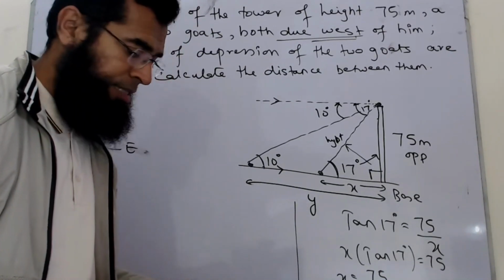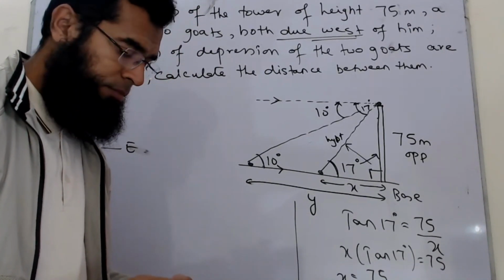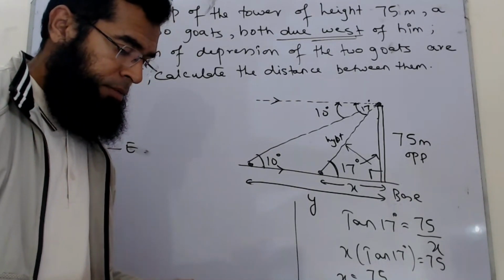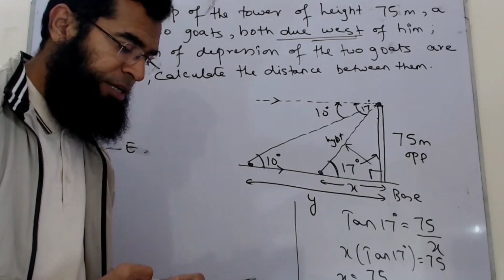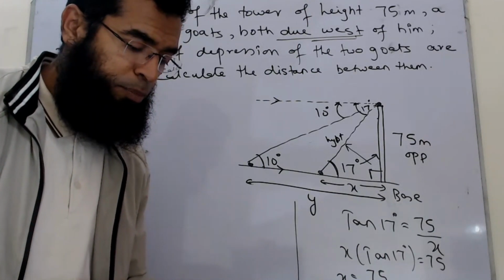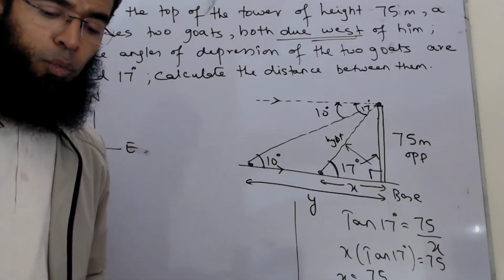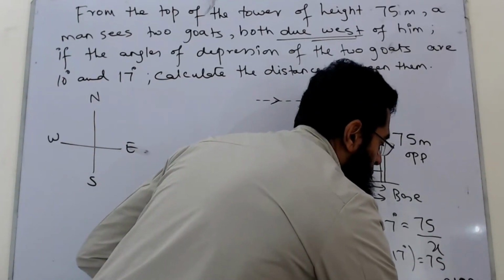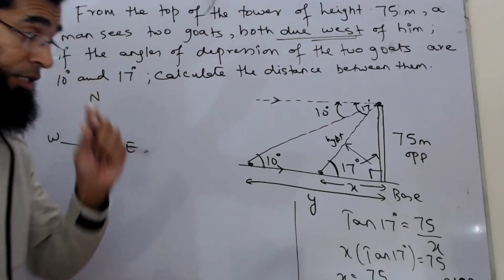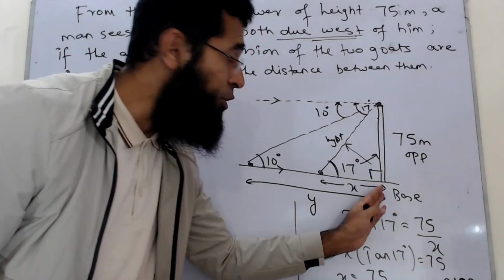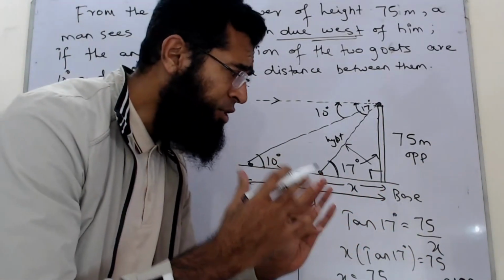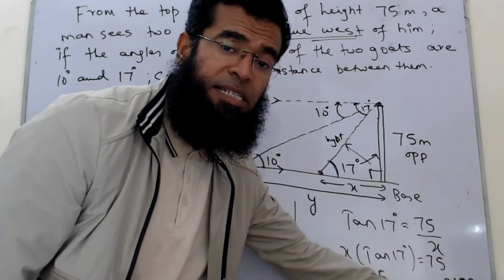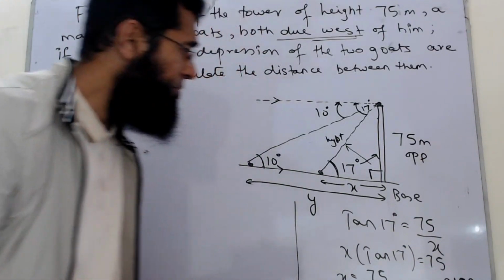So this is 75 divided by tan 17 degrees, bracket close, and this is beta, 245.314. Again to 3 decimal places. The concept is, beta, ये value हमने आगे use करनी है, so never ever round off in the middle of the question. Minimum 3 decimal places ताकि accuracy maintain रहे.